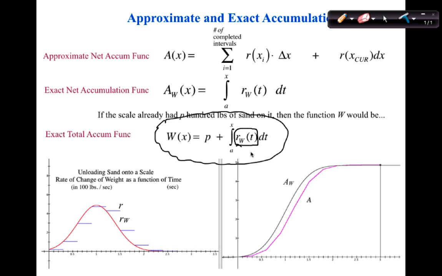Where's that? W, right? Or this whole thing, right? So if you know how fast it's changing at every moment, you can write then an expression for how much you have at every moment by writing starting amount plus your accumulated changes, which is the integral of your rate function dt.